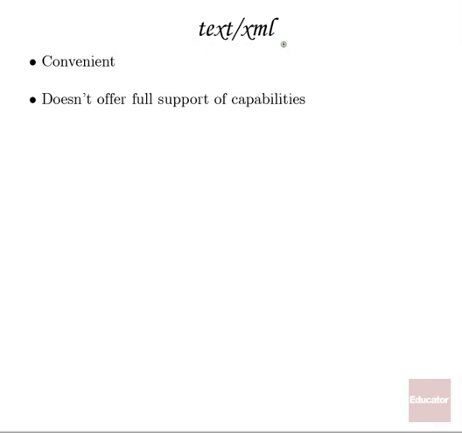So sometimes you'll see text/XML as the media type of a particular XML file. This is very convenient because all browsers can deal with text files. But serving XML as text, specifically particular document types within XML, such as XHTML, it doesn't offer the full support of capabilities that the Web Consortium is hoping you're going to use to bring about their semantic web concept.